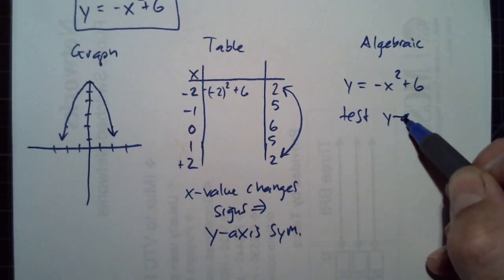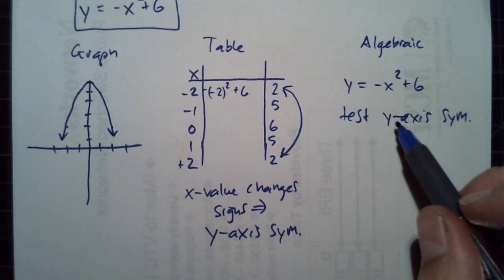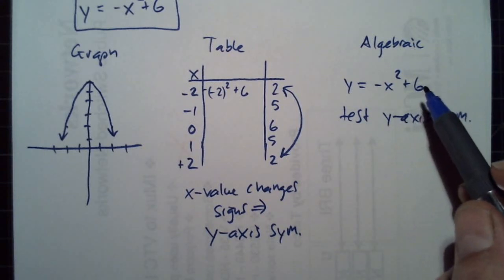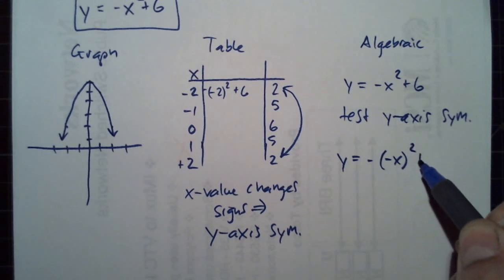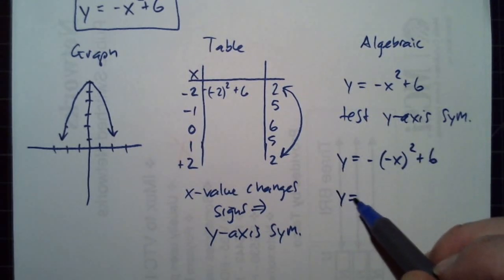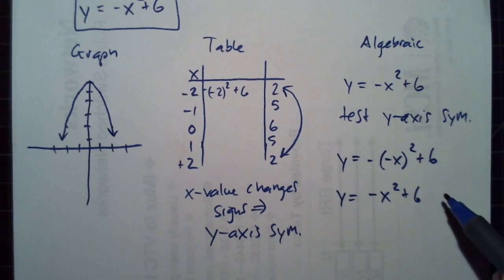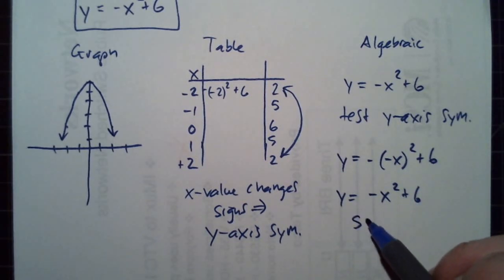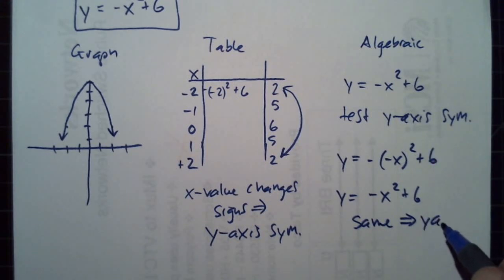Let's test y-axis symmetry. To test y-axis symmetry, we make the x change signs. And that will be negative x squared. So if that's the same, then we must have y-axis symmetry.